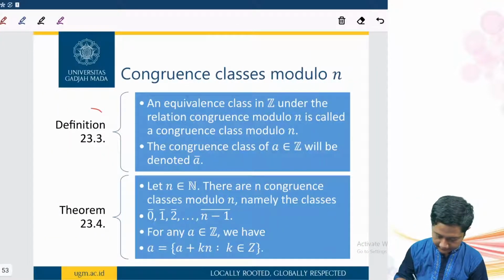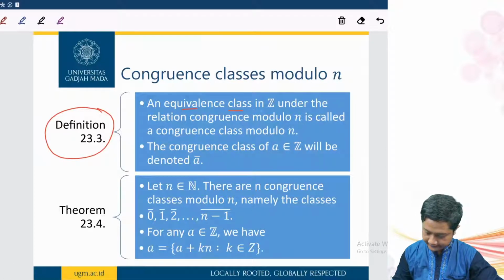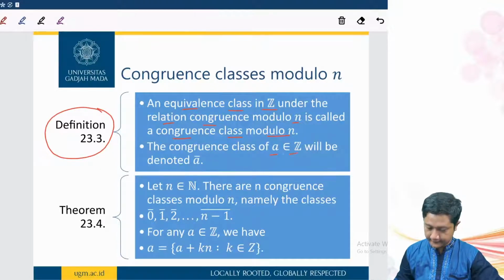Then I also have another definition, 23.3. An equivalence class in Z under the relation congruence mod n is called a congruence class mod n. And usually if we have an integer a here, we denote it with the overline a, or bar a.